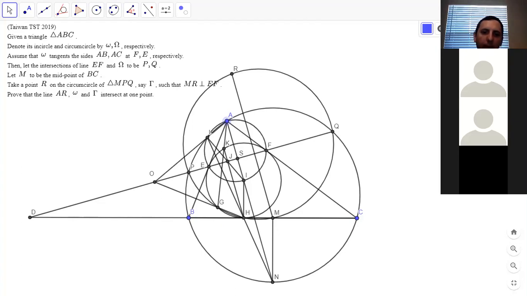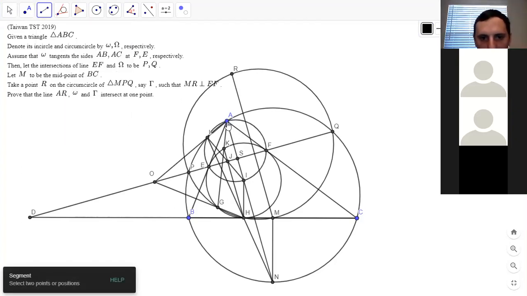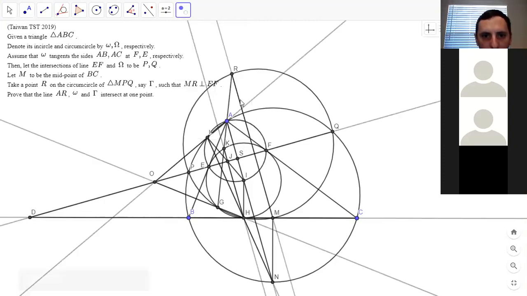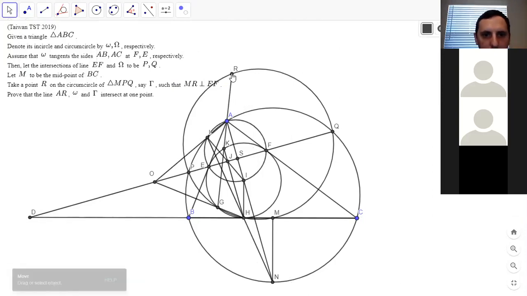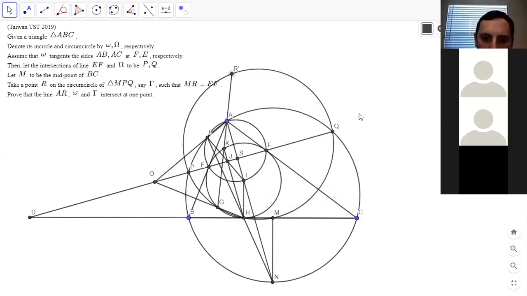So we have the perpendicular from M to EF, I to EF, and N and H to EF. How do we show? I mean, it might be easier, let GA meet the circle at R prime, and then we want to show, that might be easier. So call it R prime. We want to show R prime M is parallel to both AN and KH.